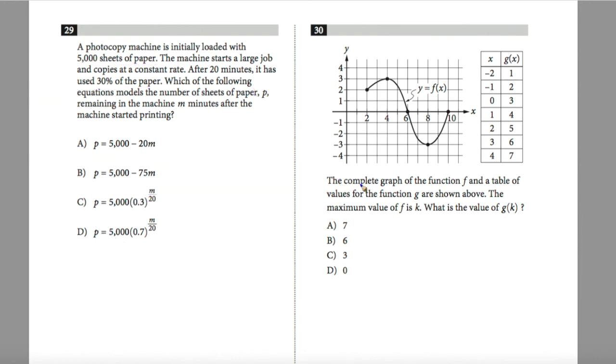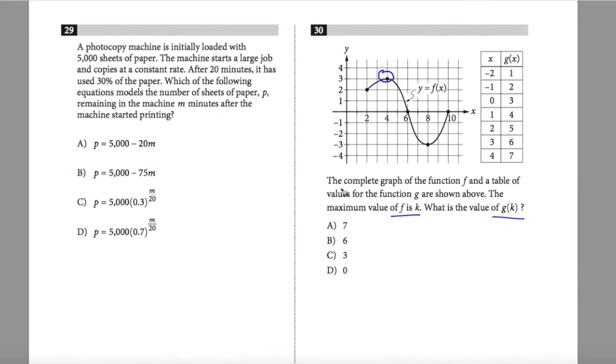Question 30 states, the complete graph of the function f and a table of values for the function g are shown above. The maximum value of f is k, meaning where's the peak, and it looks as though this is the peak. What is the value of g of k?